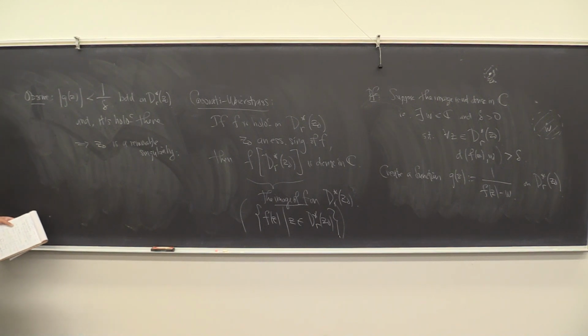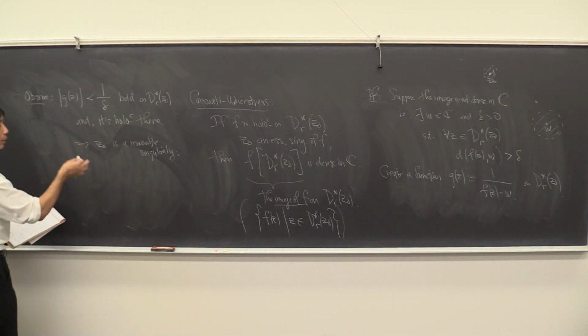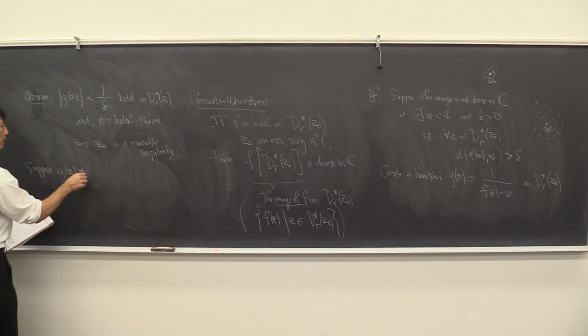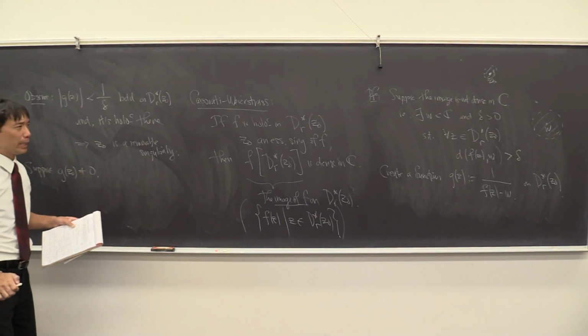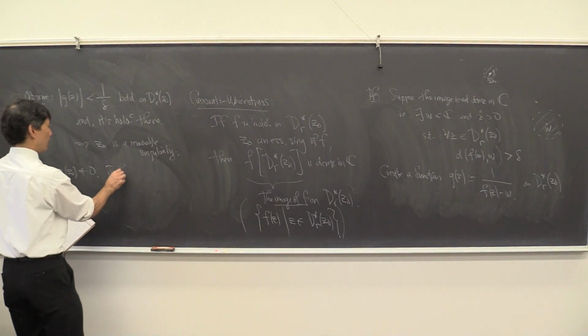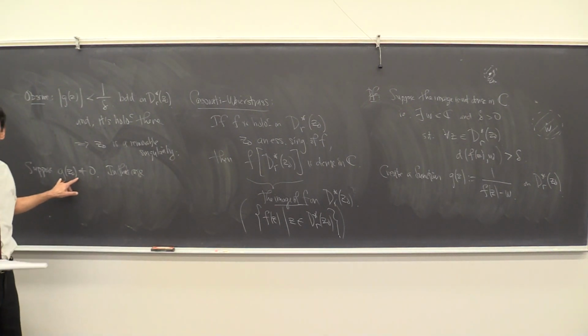So there are two possibilities. One, suppose you remove the singularity and give it some value, and that value is non-zero. Then g is holomorphic with a non-zero value there.